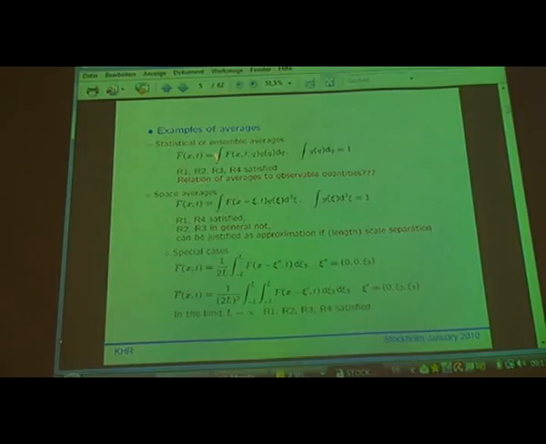Okay, you can avoid these difficulties and take just a space average defined in this way, again with a normalized distribution function, which we consider as symmetric in psi. Then the first rule is automatically satisfied. The last, R4, is satisfied.